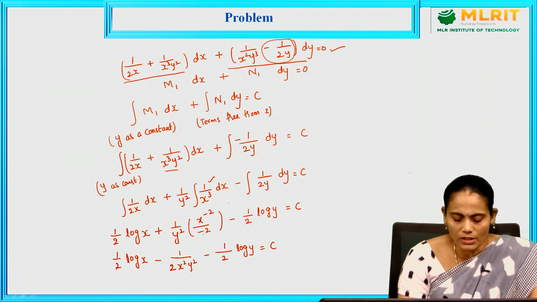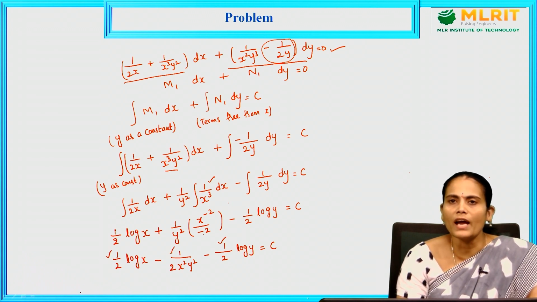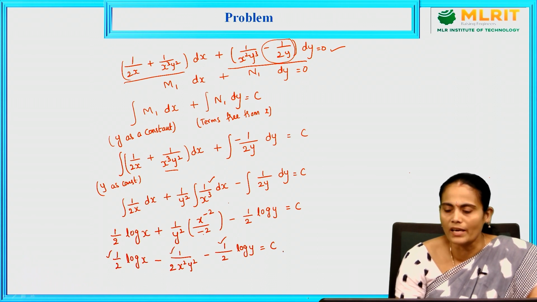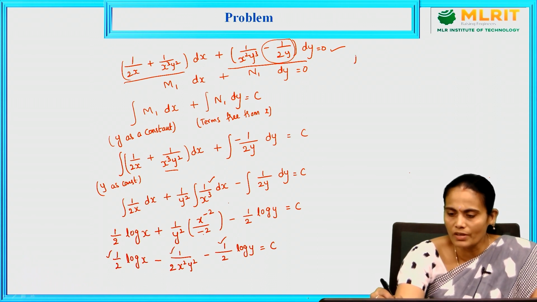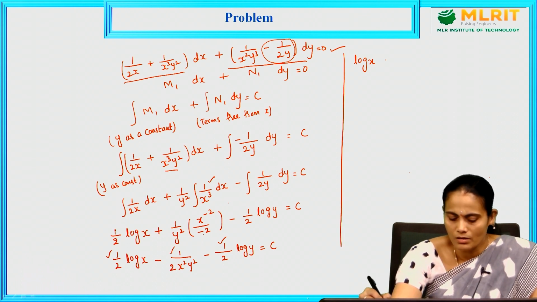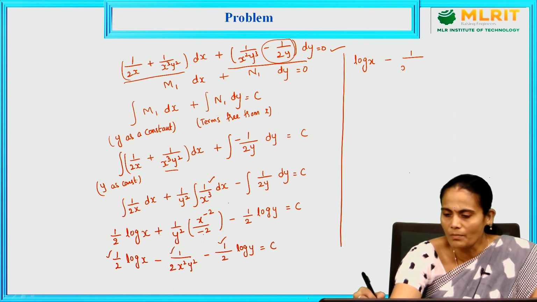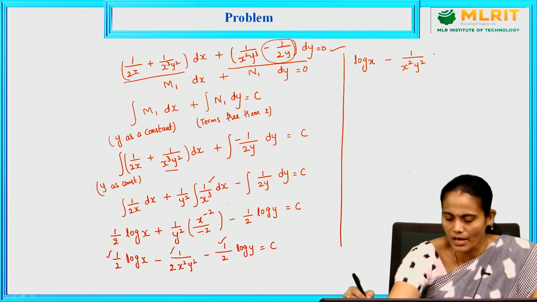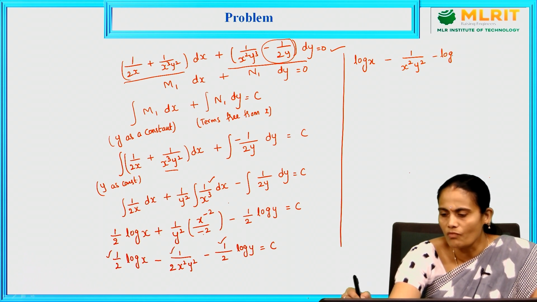In all the three terms we have 1 by 2, take that 1 by 2 common and bring it to the right hand side. So that we will get log x minus 1 by x square y square minus log y is equal to 2c.